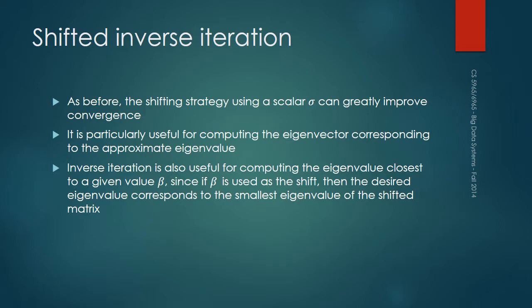Because if you want to compute the eigenvalue closest to some value beta, you will use beta as the shift, but the moment you use beta as the shift, the desired eigenvalue corresponds to the smallest eigenvalue. Because if you've shifted the spectrum by that much, that becomes your smallest eigenvalue now. And so the inverse power iteration is also useful when you want to target a specific eigenvalue.